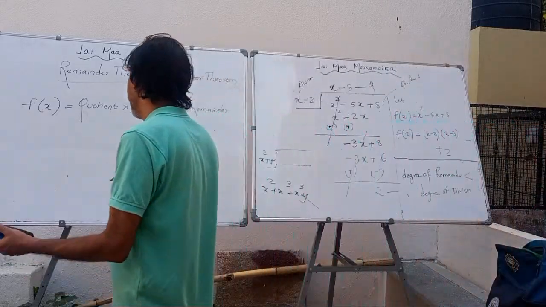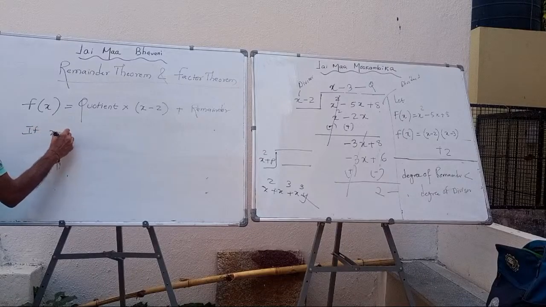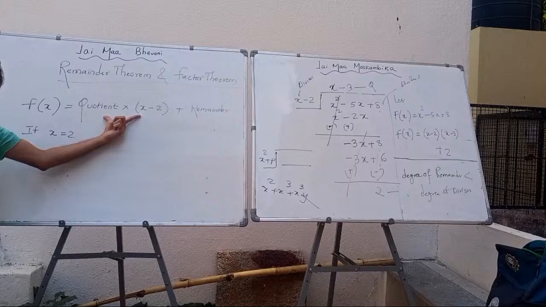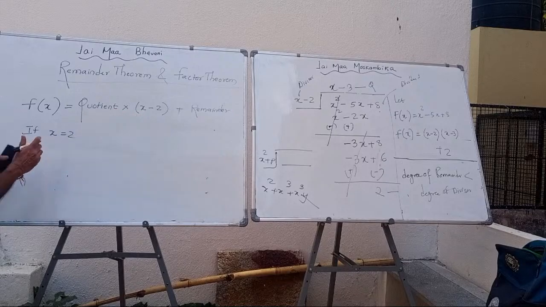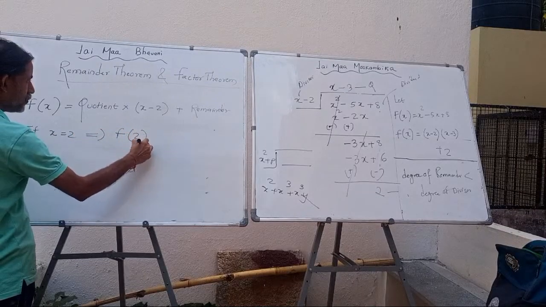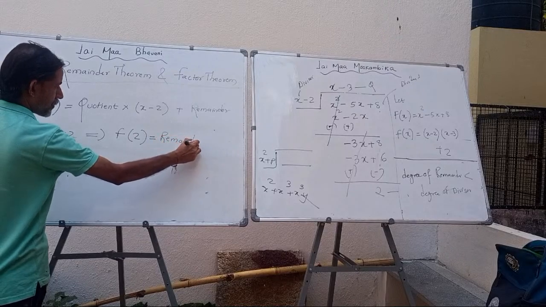Now, if x is equal to 2, if I put x equal to 2, what will happen to this? 2 minus 2 is 0. So this entire thing will become 0. So this implies f of 2 is equal to the remainder.